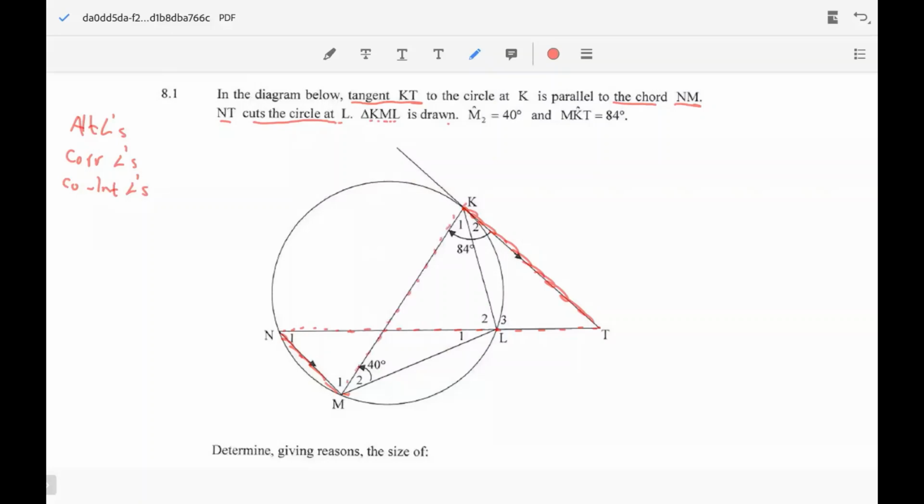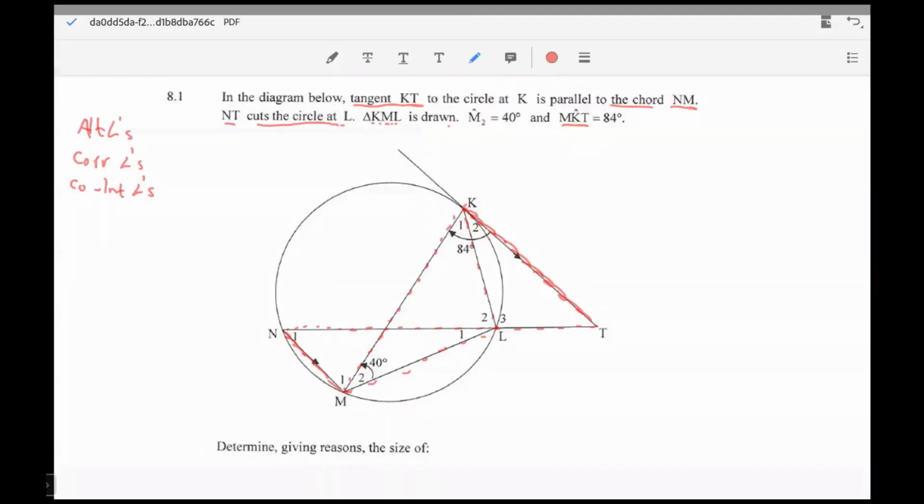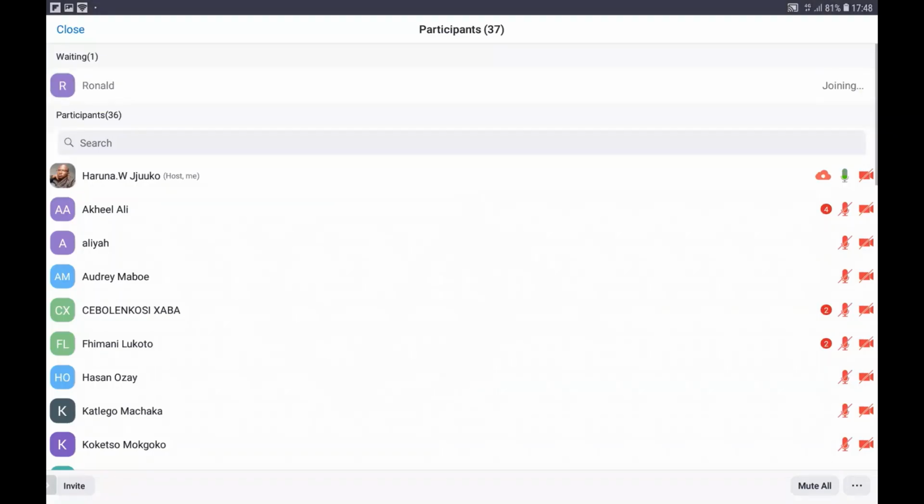So it's the triangle there. M2 is 40 degrees and MKT is 84 degrees. So MKT is actually K2 plus K1. So both of those angles are equal to 84 degrees.